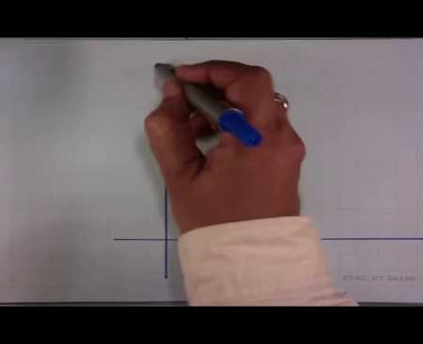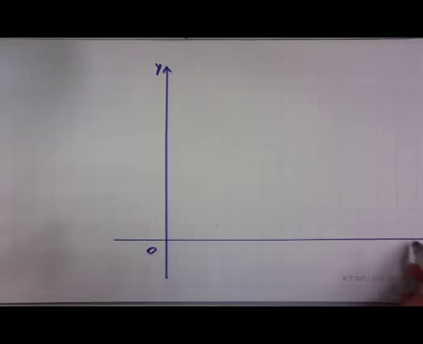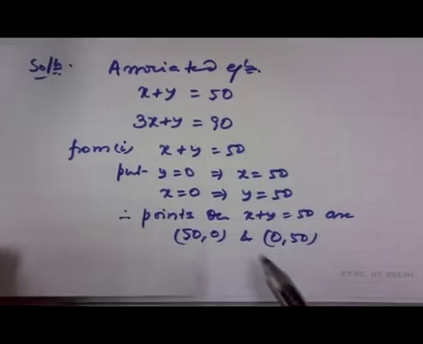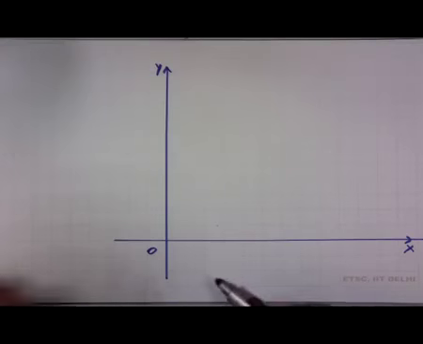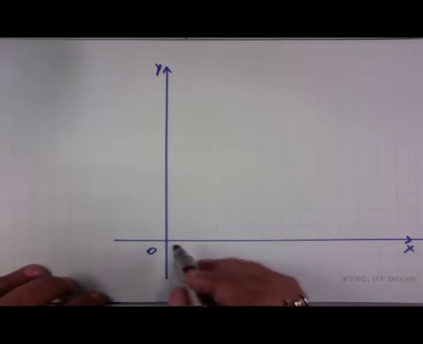Now draw the graph of these two lines. This is the y-axis, 0, x-axis. So points are (50, 0) and (0, 50). Each division will be of 10.